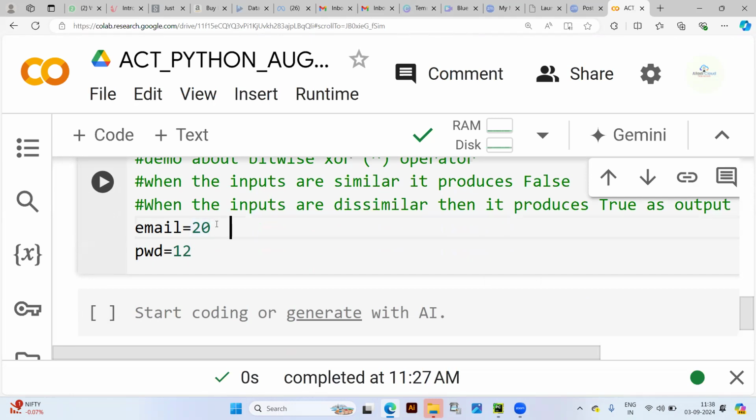Firstly, it will convert into binary form. What is the equivalent value for the binary form? 1, 0, 1, 0, sorry, it is 10. No. 1, 0, 0, 1, 0 is equivalent to 20. Last one is 16, 8, yeah.